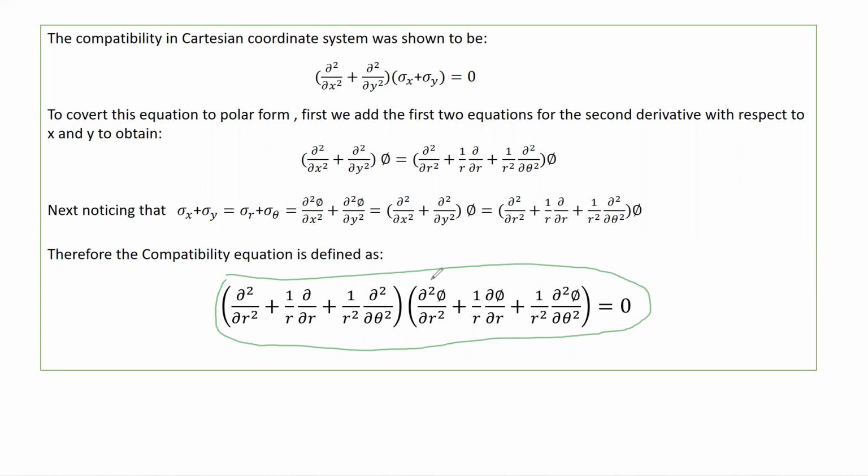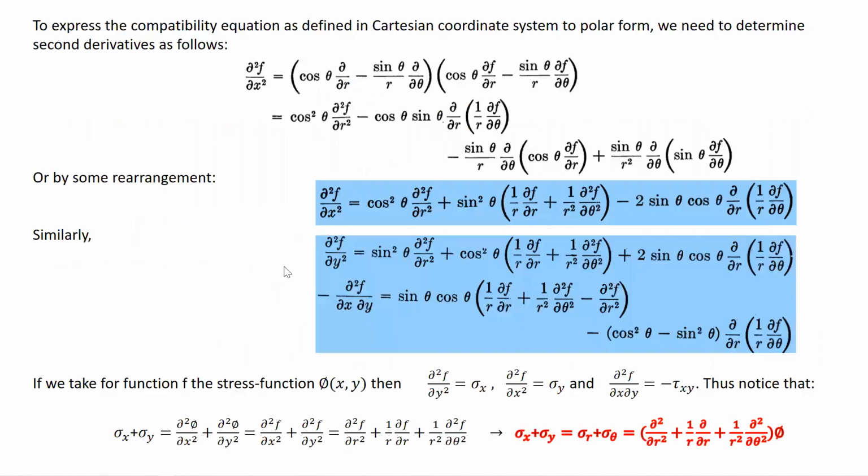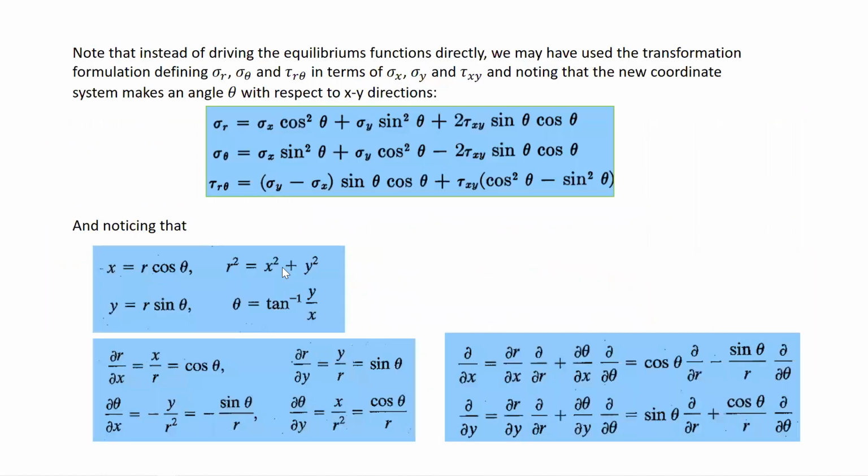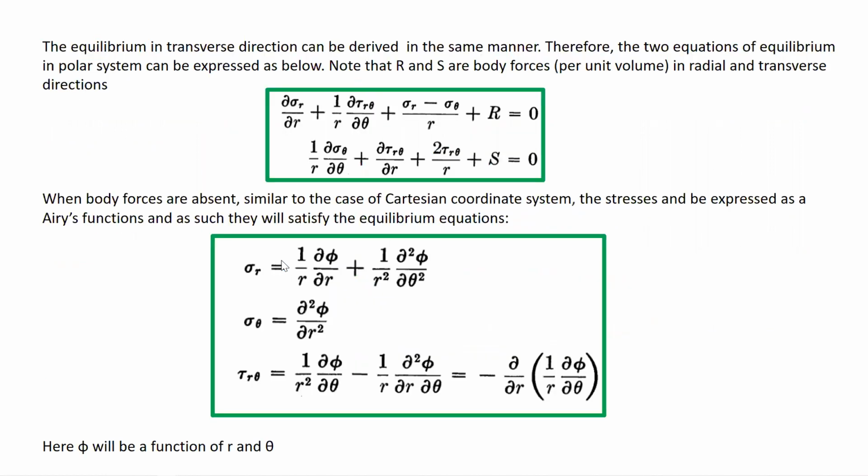And phi would be the polar equivalent of the Airy function that in previous equations we have shown how this function will be defined.